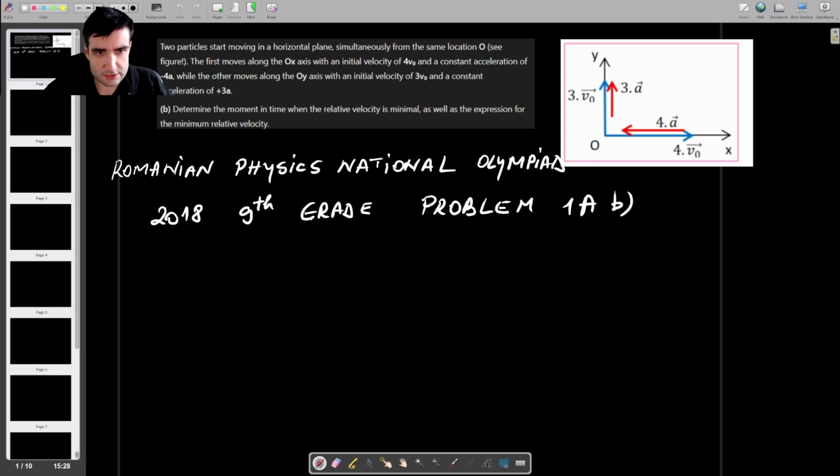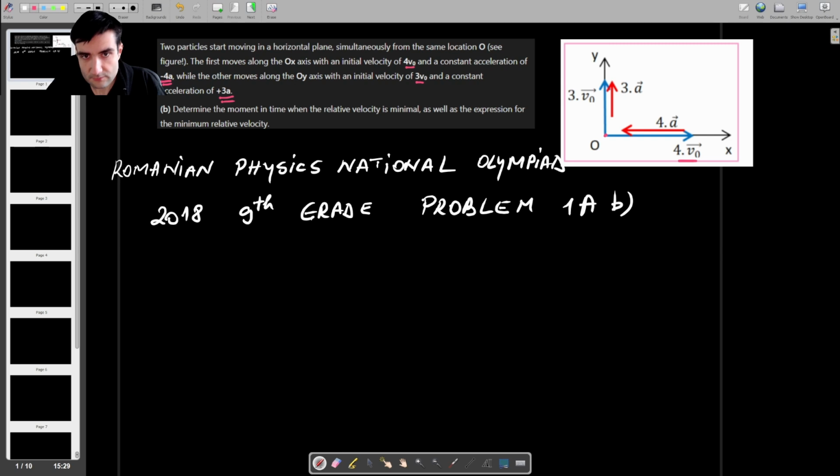So we're dealing with two particles which are moving in the xy plane simultaneously, and they both start from point O here. The first particle is moving to the right, initially with an initial velocity of 4v0 and a constant acceleration of minus 4a, while the second particle moves along the y-axis with an initial velocity of 3v0 and a constant acceleration of plus 3a.